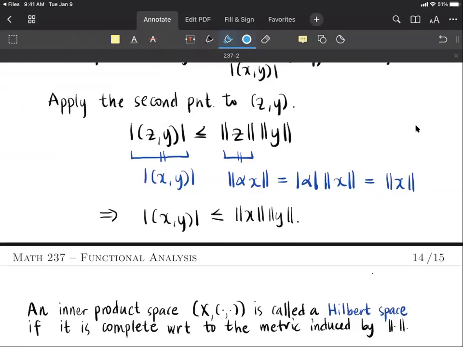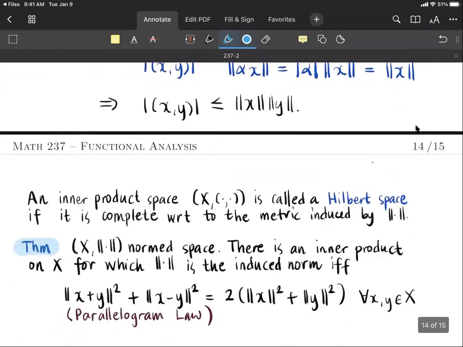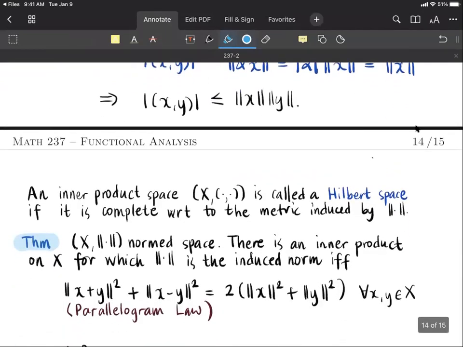How about the other way around? If I have a norm, is it possible to determine an inner product in such a way that the norm induced by this inner product will coincide with the given norm? Well, that is valid if and only if the parallelogram law is satisfied by the norm.